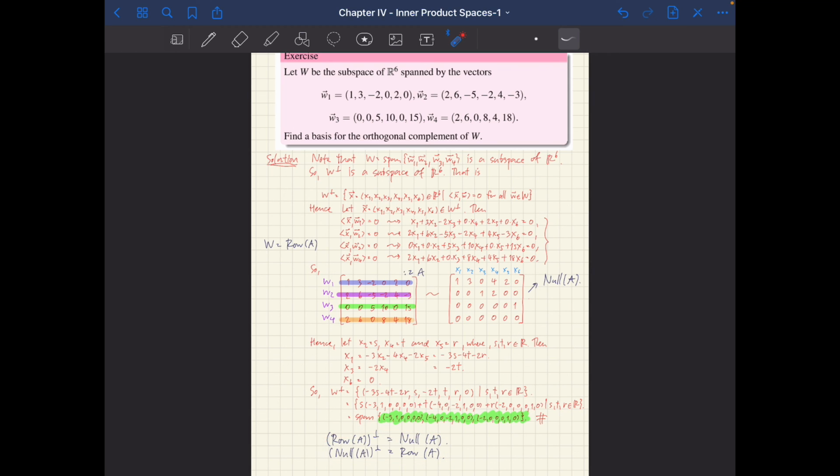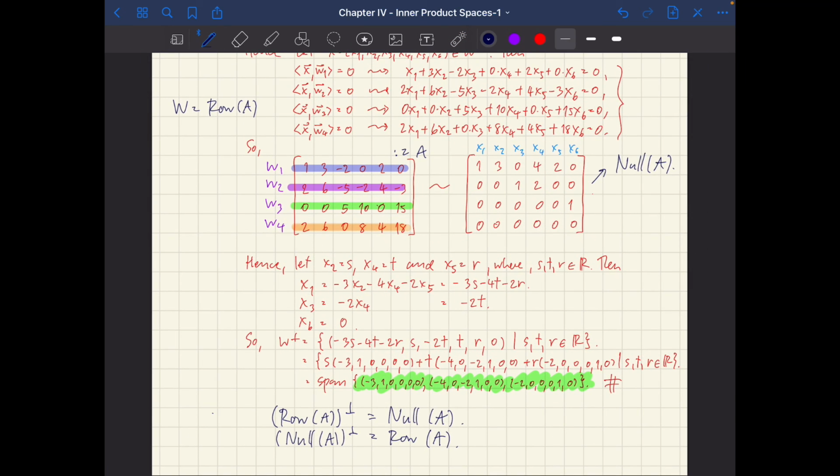You can prove it by yourself, so I will give it to you as homework: show that the row space of A perp is equal to the null space of A, and the null space of A perp is equal to the row space of A. That's the end of this video.